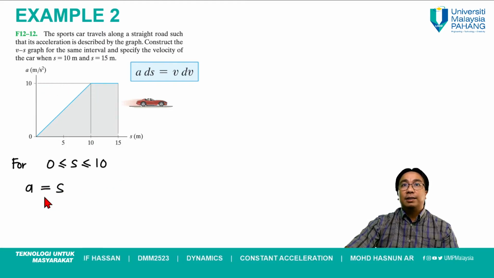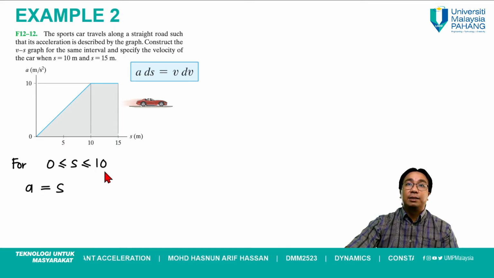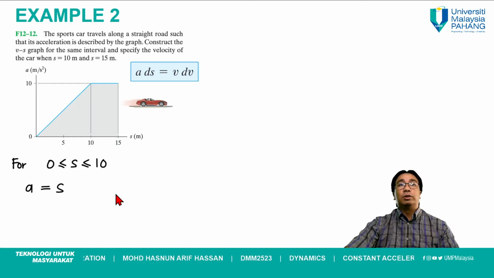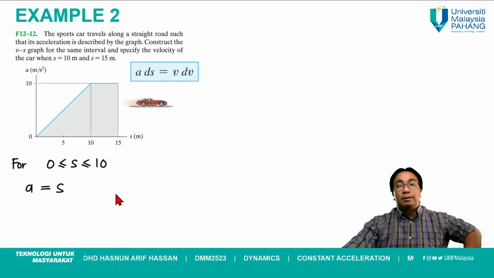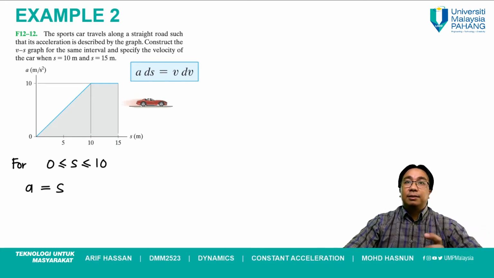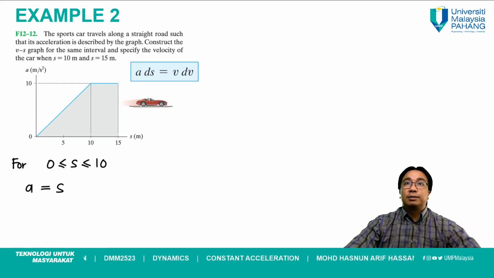So what it tells us is that during this phase, the first phase, 0 to 10 meters, a is equal to s. Whatever the displacement is, that is the value of acceleration. So a is equal to s.